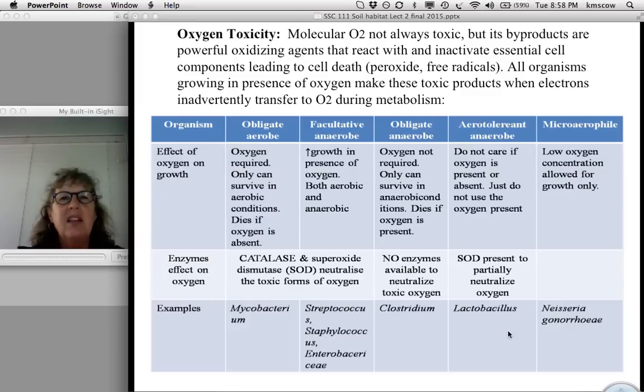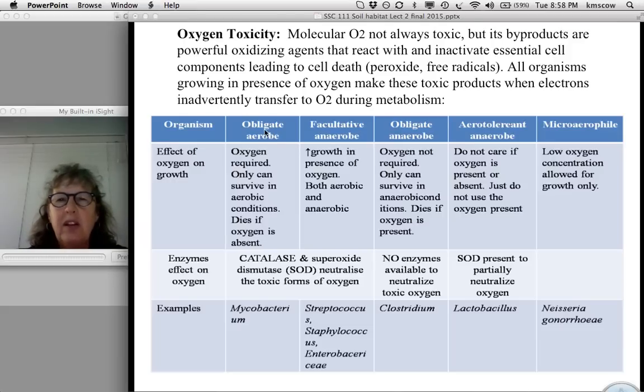These oxidizing agents include things like peroxides, free radicals, and they can end up reacting with cells and causing a lot of damage to cells. So any organism that's able to grow in the presence of oxygen will have to deal with these toxic products. So you have to be ready to withstand this not very pleasant environment in the presence of oxygen.